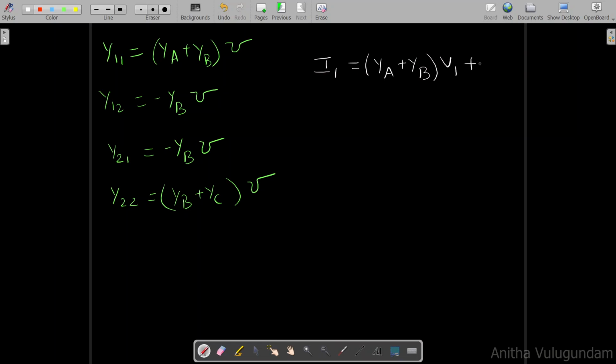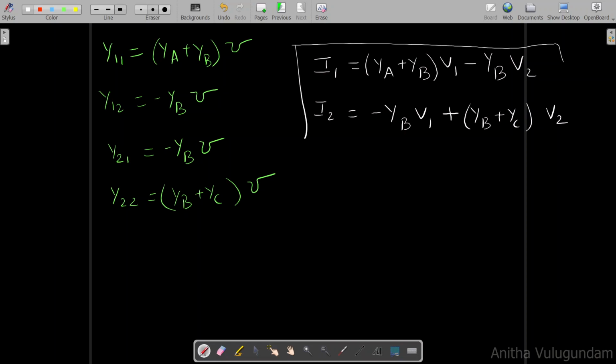Next I2 equal to Y21 V1 plus Y22 V2. By substituting the values which you obtain, you can write the Y parameter equations like this.